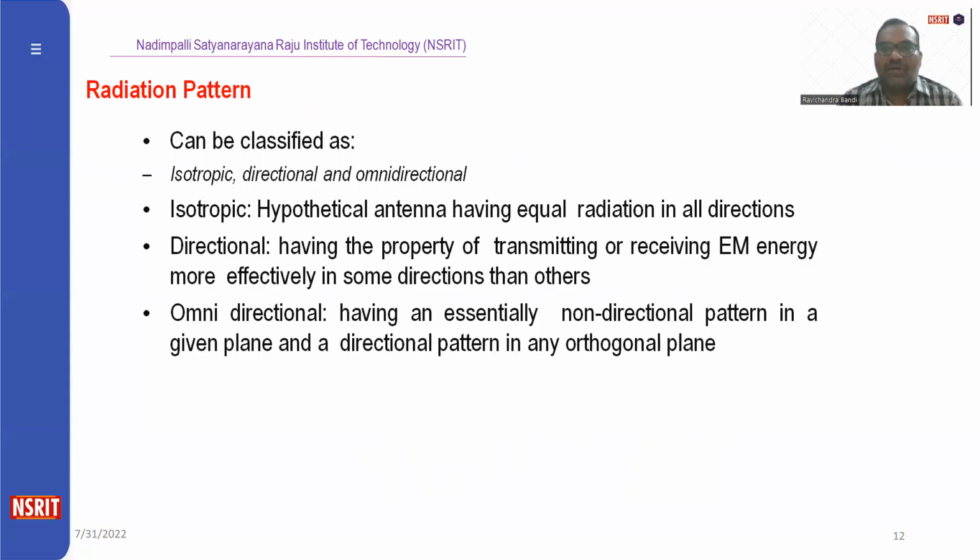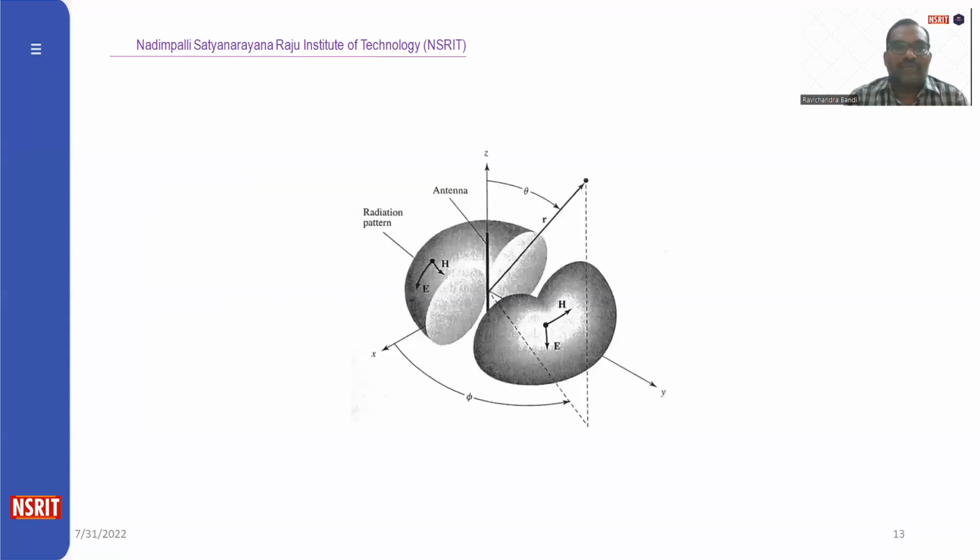Omnidirectional has an essentially non-directional pattern in a given plane and a directional pattern in any orthogonal plane. So these are the three different types of radiation patterns. This is the two-dimensional representation of radiation pattern from an antenna element.